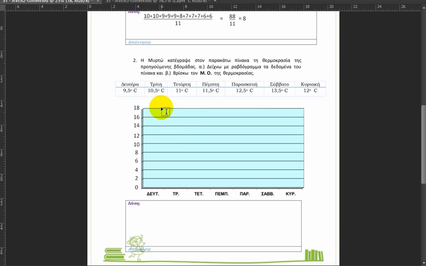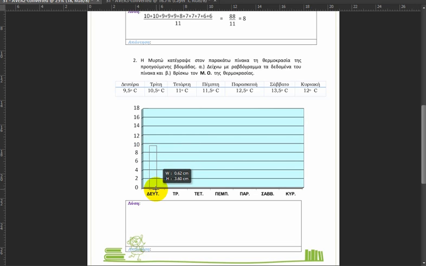So we want to place the bars so that we can represent each of these temperatures. So Monday was 9.5. So 9 is about halfway between 10 and 8. Yeah, halfway exactly. And a half means it's going to be somewhere around here.